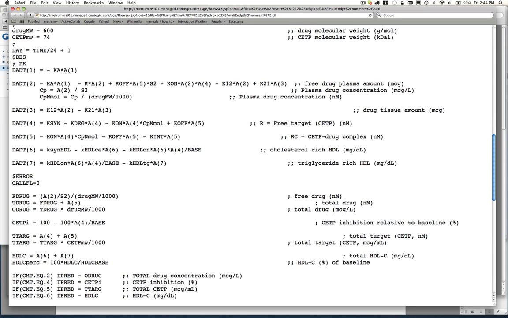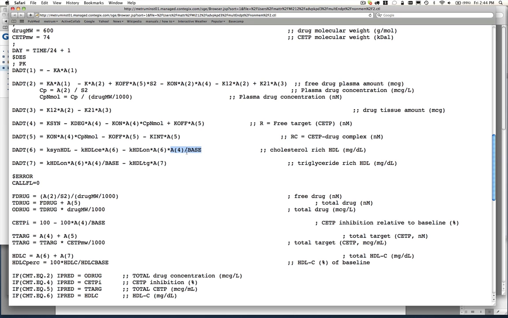And so here's the trick here, is that the process of being converted from 6 into 7 is being driven here as a function of the amount of free CETP that's available. So when there's no effective drug and the A4 is equal to CETP at baseline, then everything continues on as its own steady state condition.